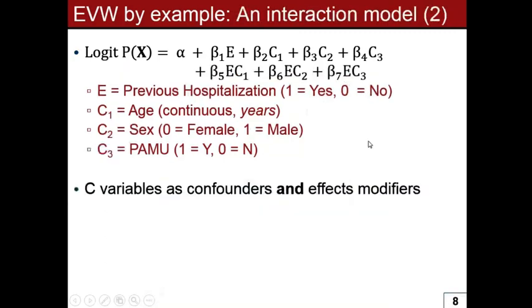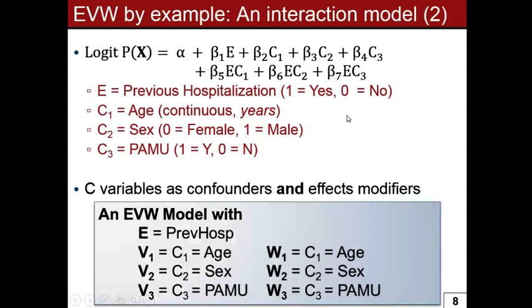So here is an example. This is another one of the models that we showed in the previous slide set, where we have age, sex, and PAMU here all alone by themselves as confounding control variables, and then here they are again in product terms with the exposure. And in this situation, we're going to call them effect modifiers, right? And they're effect modifiers because, as we showed, let's say with the odds ratio for the exposure-disease relationship, it changed across values of these variables, right?